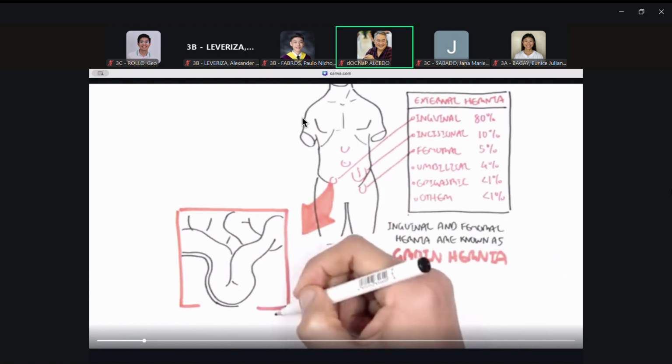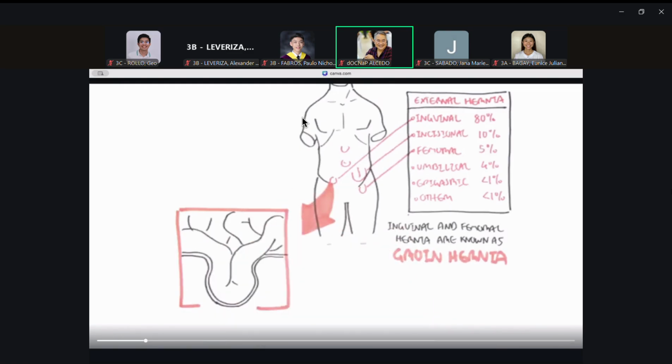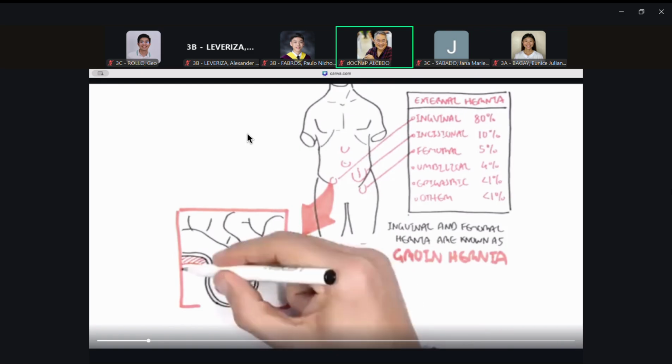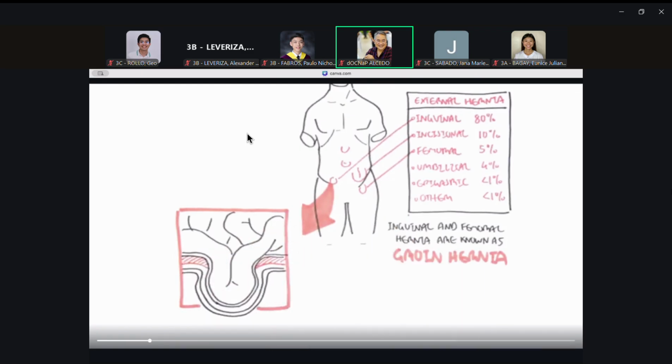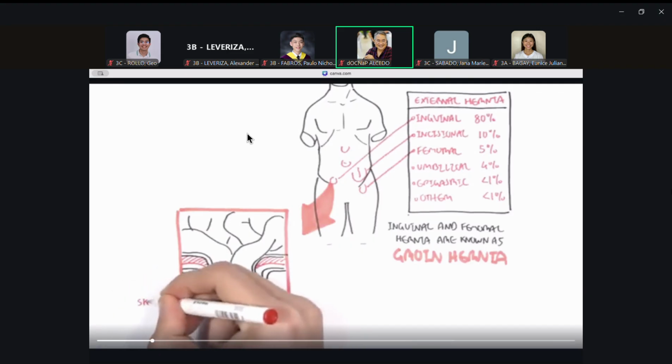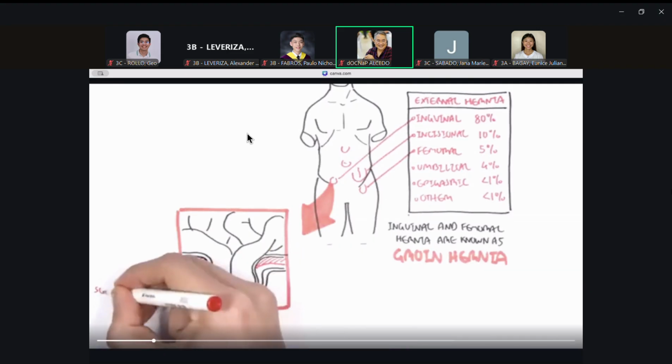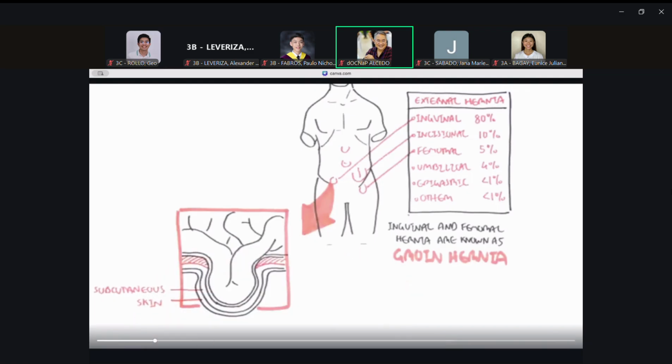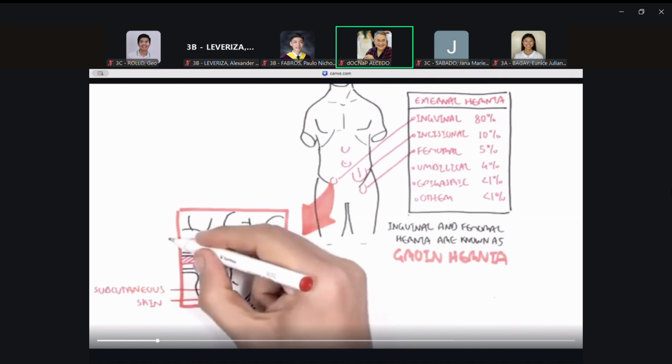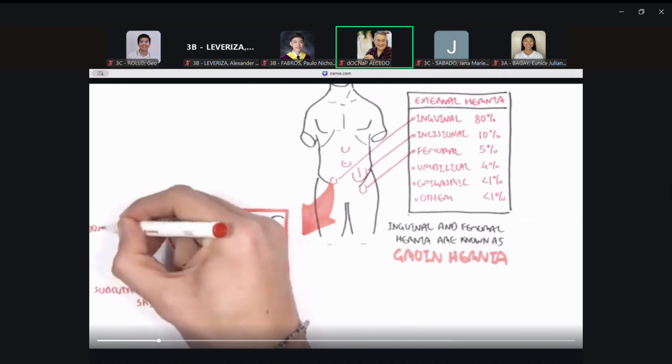So what we actually see in an inguinal hernia is the intestine, which is the organ, actually bulging out or pushing out of the wall that normally contains it, which is the abdominal wall in this case. So the abdominal wall is actually comprised of, from the outside, the skin, the subcutaneous, and then you have the abdominal muscles.